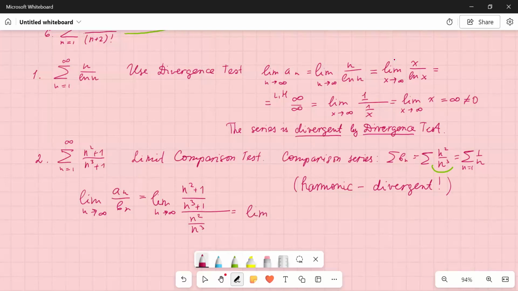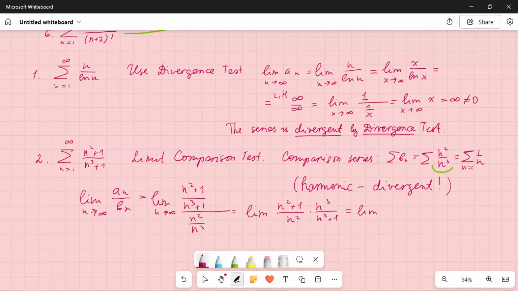So in the limit, I combine terms with the same power together. Squares are combined into one fraction, and cubes are combined into another fraction. Now, guys, here I divide by n square, here I divide by n cube.